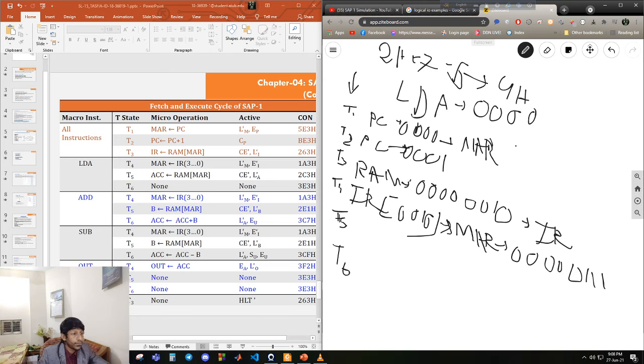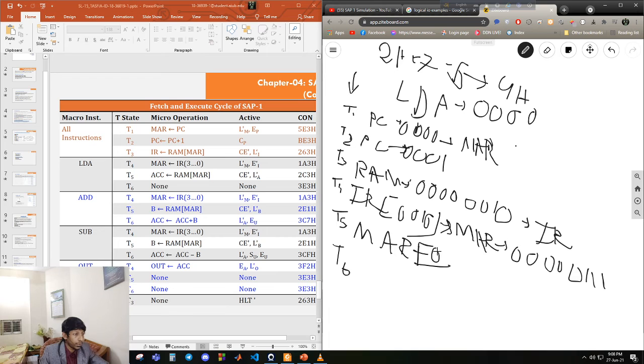In the fifth step, from MAR, the value will be stored to the accumulator register.